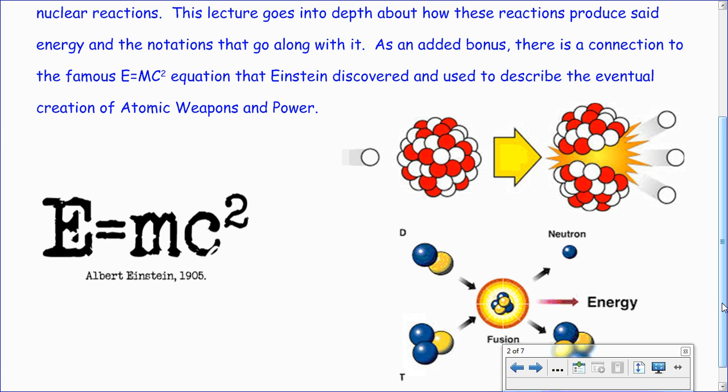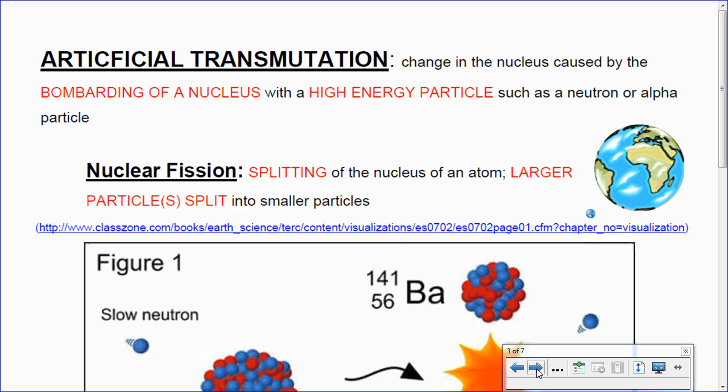Okay, so whenever we see these in paper, usually there's some blast, kapow, that's denoting the amount of energy that is being produced, which is a lot for these reactions. So artificial transmutation, I've been saying this all along, transmutation is when one atom turns into another. Artificial is what happens when we bombard the nucleus of an element with a high energy particle.